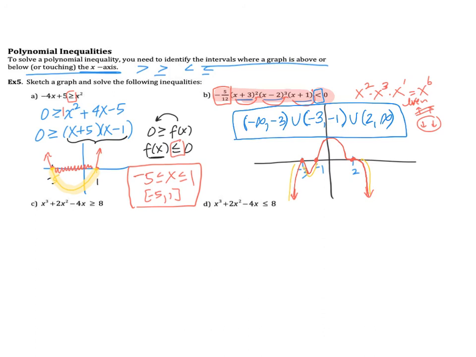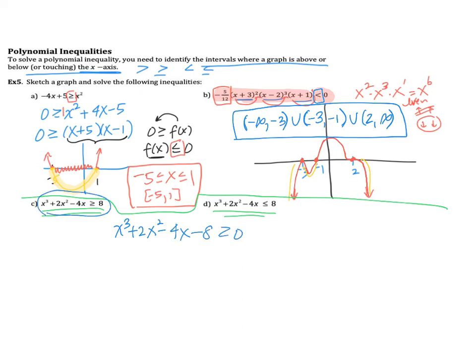C and D are the same type of problem, except this time you have to factor first. Notice they're the same factoring, except they have a different inequality sign. So the answers will be different, but your process of factoring is the same. So I would go ahead and pause, try to factor it on your own. There are 4 terms, so you're going to factor by grouping.